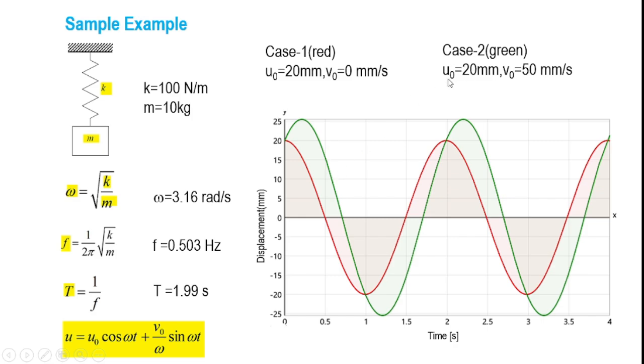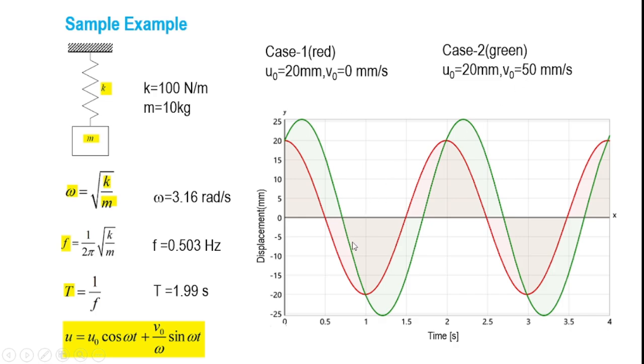And remember, what you need to do is you just put the u0 and v0 values into this equation. You obtain this curve that is marked in green. Here again the displacement is 20 mm, but you will find that the graph is an ascending one. It has got a slope at time t equal to 0, which if you measure and calculate, you will find is 50 millimeter per second.